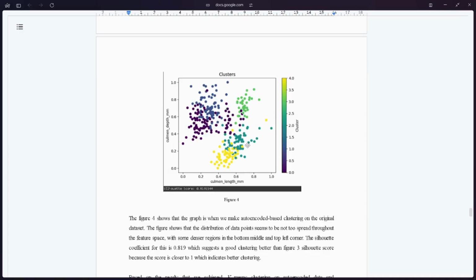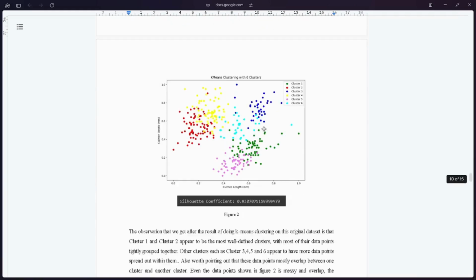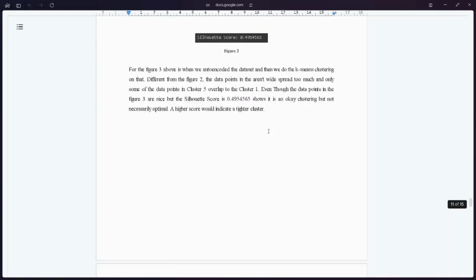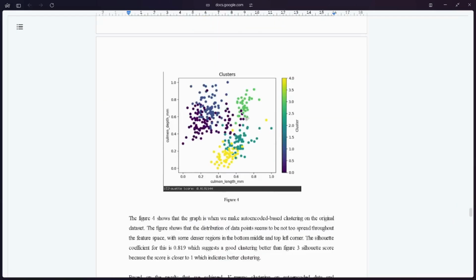Even though we can see some overlap, it's still quite neat and nice compared to the original one, the first one, which is quite messy, and the gap between data points seems closer, seems denser.